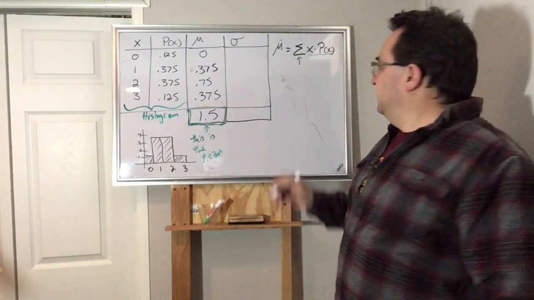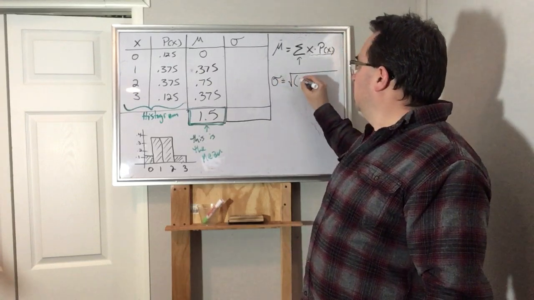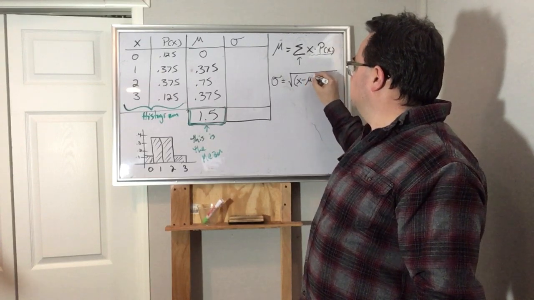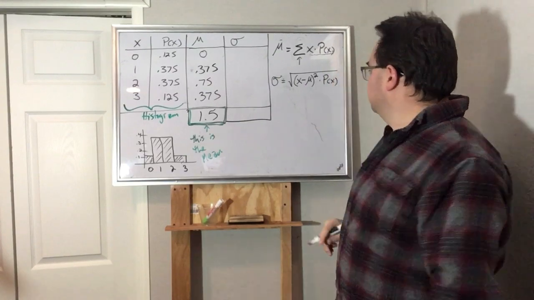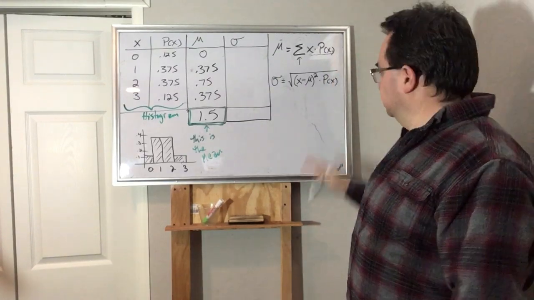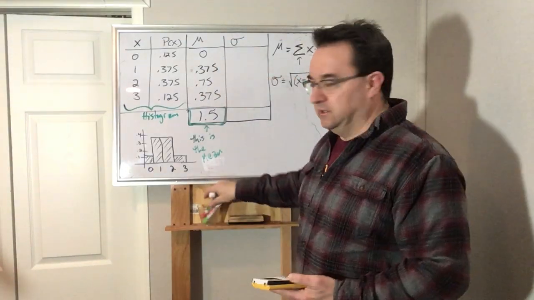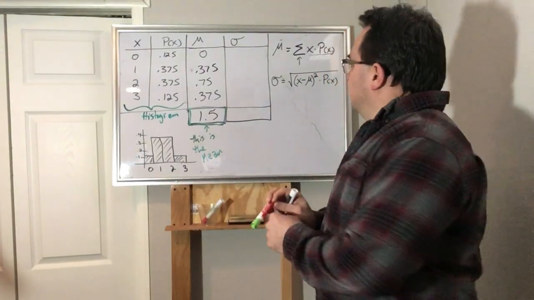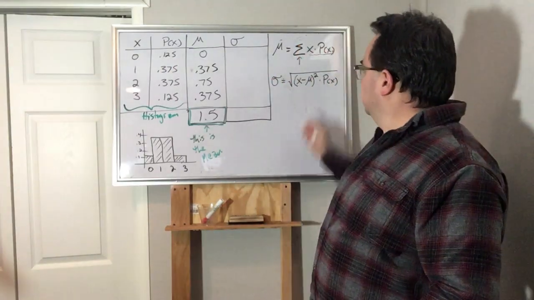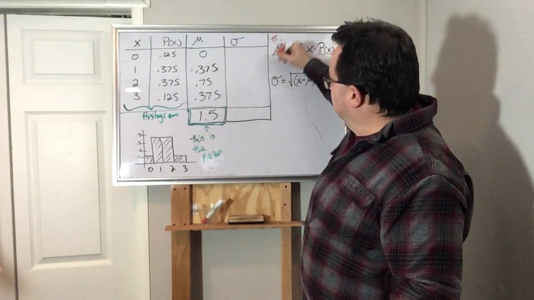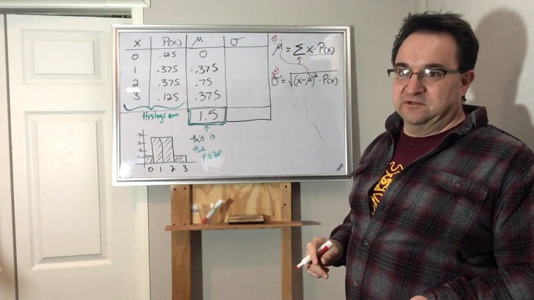Okay, how about that standard deviation? The standard deviation is the square root of the sum of all the x minus the mean, squared, times the associated probability. What does that mean? So let's play that out. Now, I'm going to show my work in red here because this gets a little busy. To compute this first one, this is the x, and that's why I have to do the mean first and this second, because I have to use that mean to find my standard deviation.